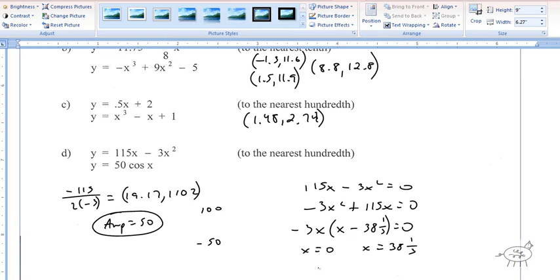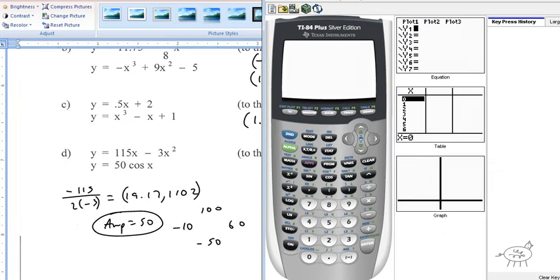I'm going to make my window the y value between negative 50 and 100, and my x value between negative 10 and about 60. We'll just give it a little leeway on either side. All right, let's put these in the graph. Let me move this over here so I can see my numbers.